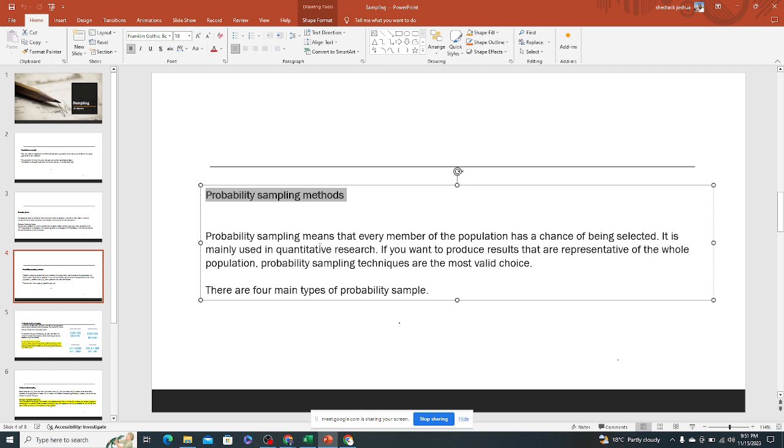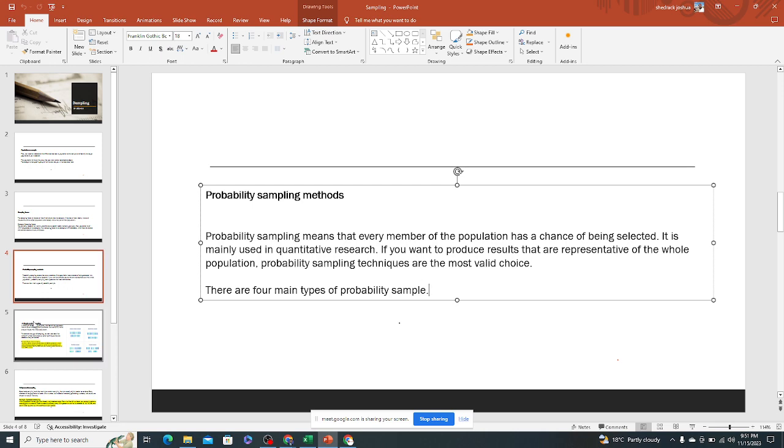It is mainly used in quantitative research. If you want to produce results that are representative of the whole population, then probability sampling techniques are the most valid choices.